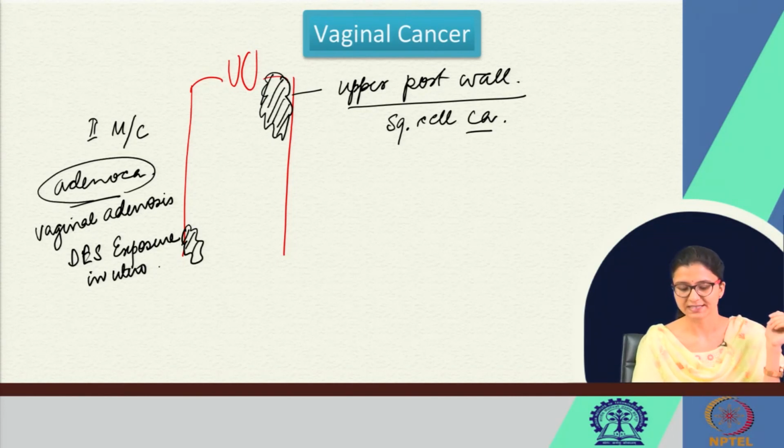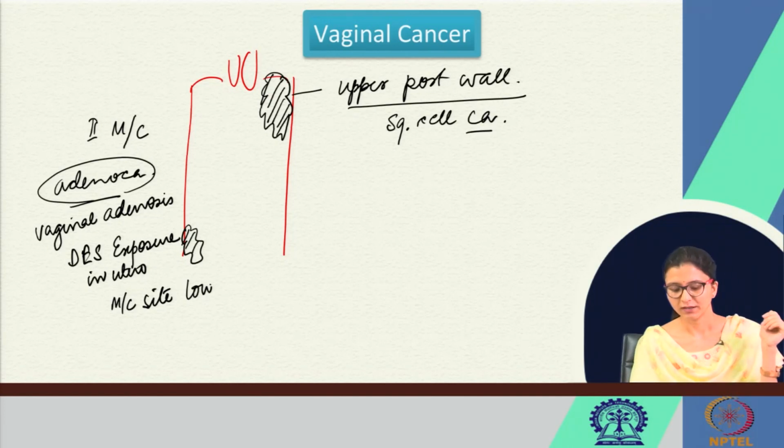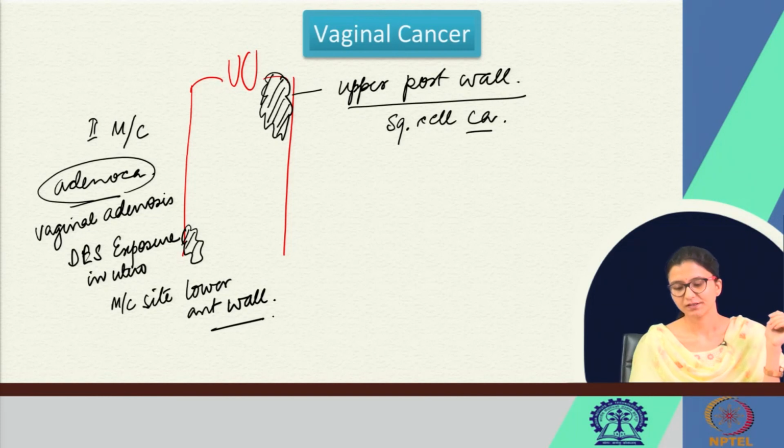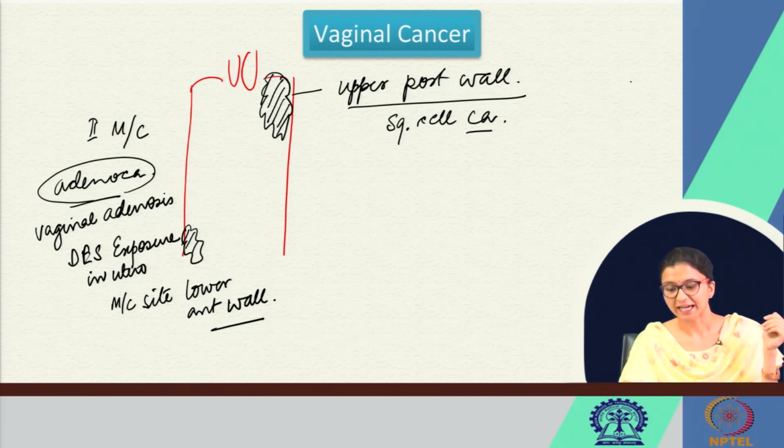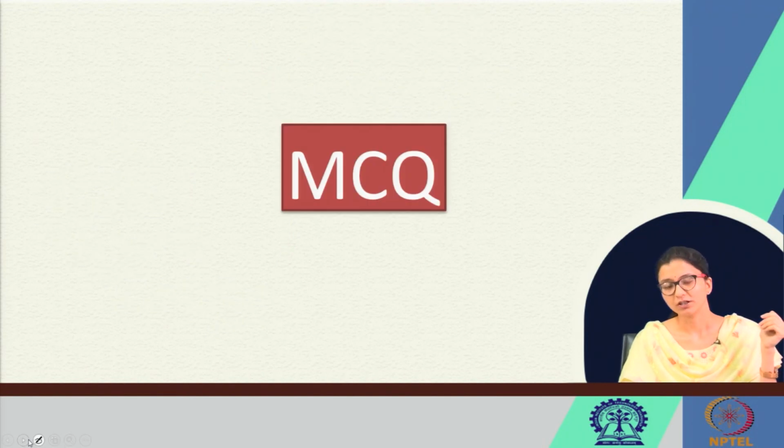The most common site of adenocarcinoma is the lower anterior wall of the vagina, right. So, that is all about vaginal cancer types and most common sites, and if there is any suspicious lesion in the vagina, we will go for biopsy.